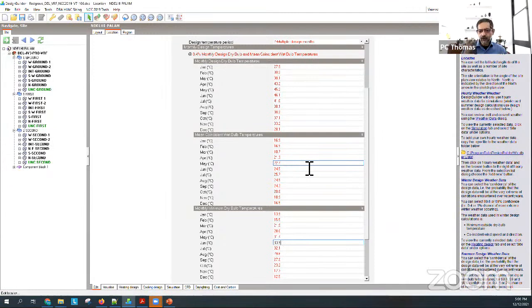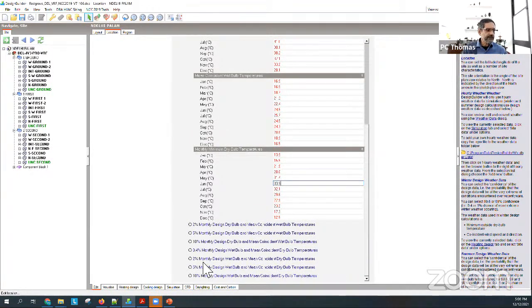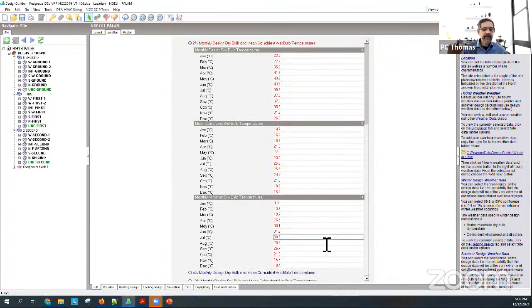Now, depending on what kind of project you're designing for, you might say that, look, it doesn't matter, 0.4% is very stringent. I don't need it to be that stringent. You have some options. Okay, so here is one that says you are okay if it's exceeded 2% of the time.